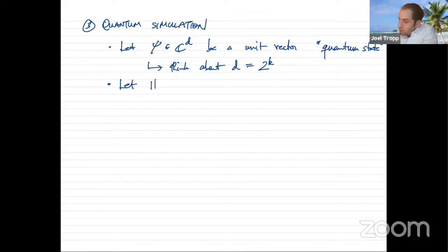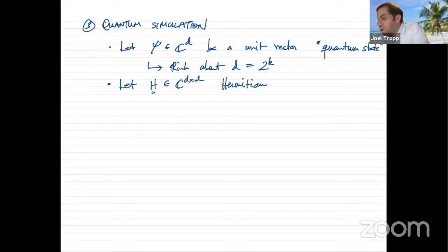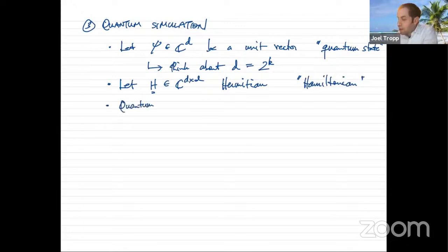Now, we're going to let H be a D by D matrix which is Hermitian, so conjugate symmetric, which is called a Hamiltonian. And Hamiltonians describe how quantum systems act on quantum states to make them evolve.